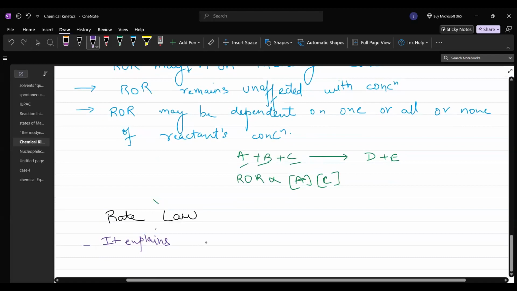So it explains the dependence of the rate of reaction on the concentration of species in a reaction. Is it?